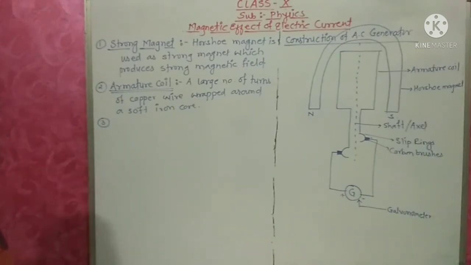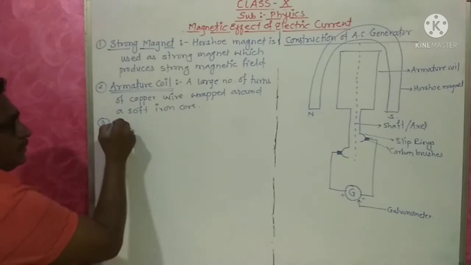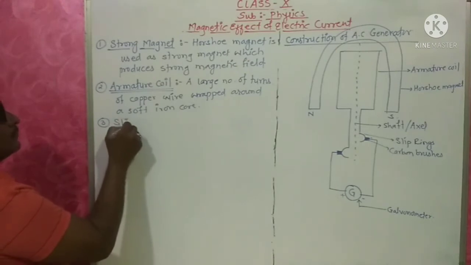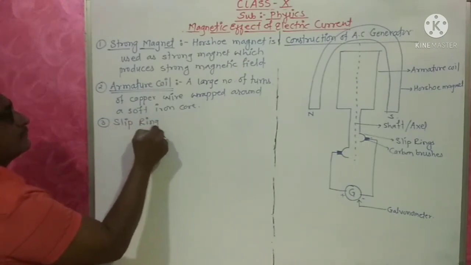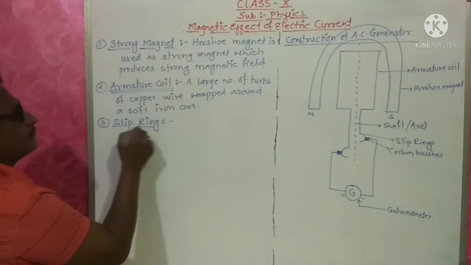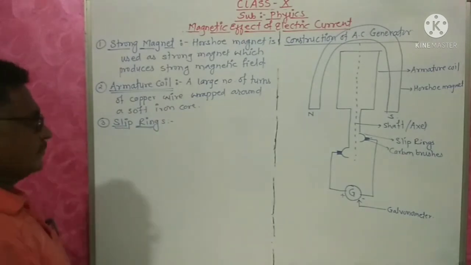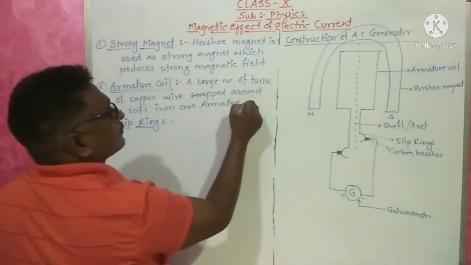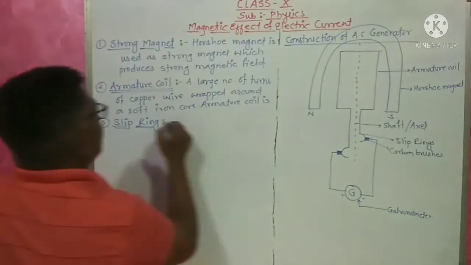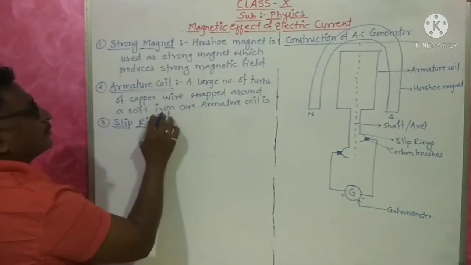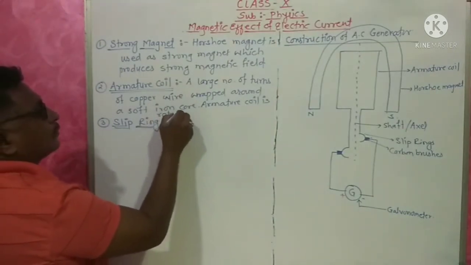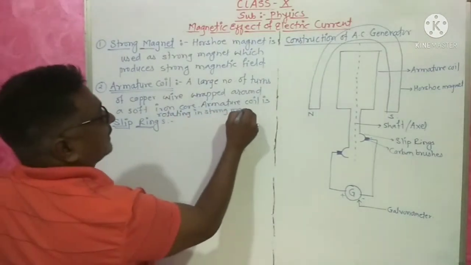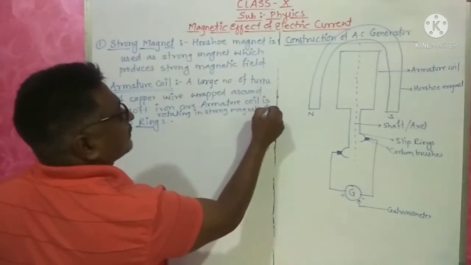Third, then what did we connect? Slip rings. So here the armature coil is rotating in a strong magnetic field.